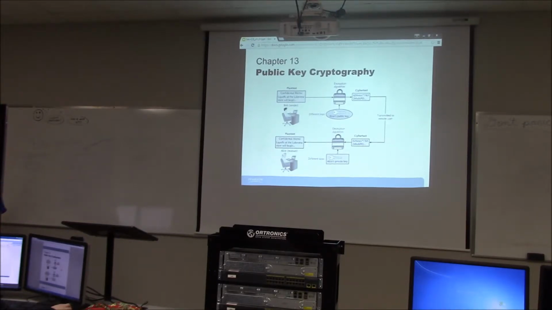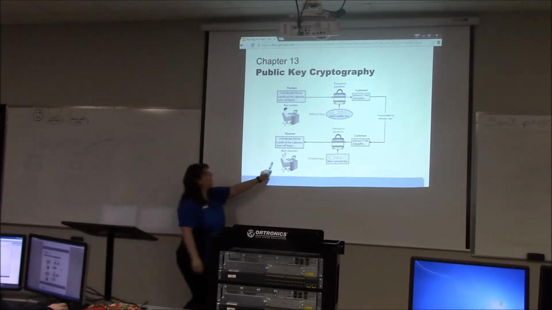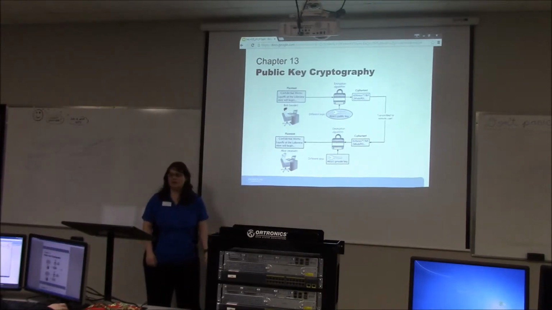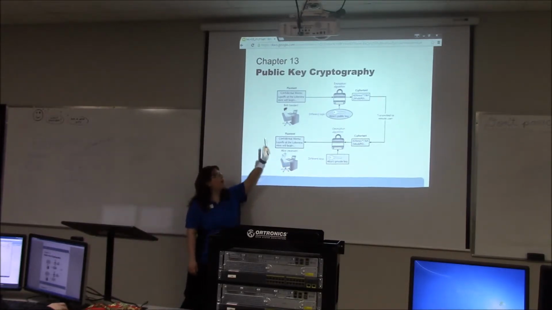Any questions about that? So is it a flip thing, like public key everyone has access to, the private is something you have? So if Alice wanted to send a message to Bob, she would encrypt it with Bob's public key, and he would decrypt it with his own private key.